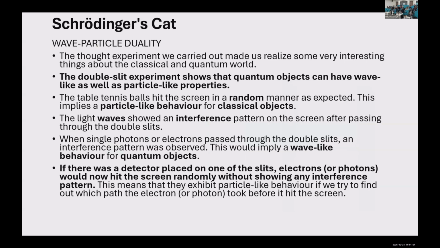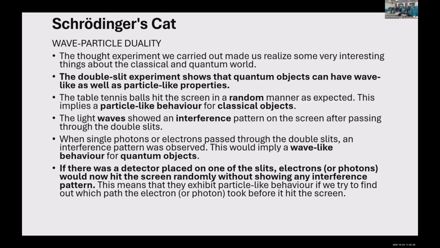So, wave-particle duality. The thought experiment we carried out made us realize some very interesting things about the classical and quantum world, right? The double slit experiment shows that quantum objects can have wave-like as well as particle-like properties. The table tennis balls hit the screen in a random manner as expected.